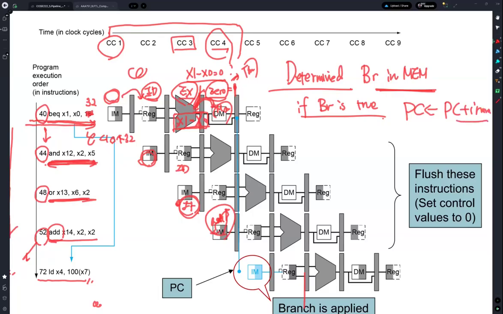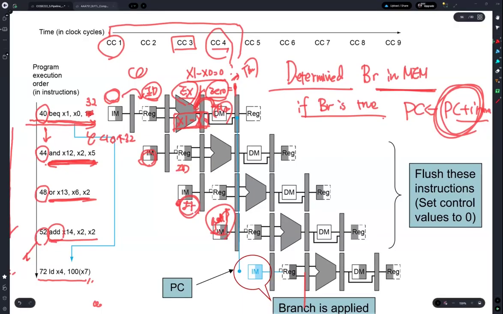So this is the new PC. When the new PC is reflected in the next cycle, the branch is in the write back stage, and we can find that the new instruction, the target of the branch instruction, the load instruction, is fetched, right?